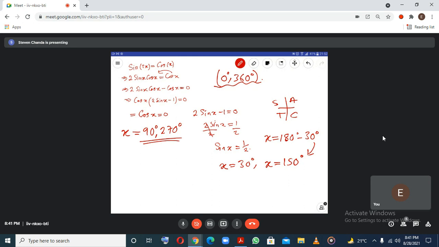Yes, that's the degree where cos x is 0. You remember those graphs?